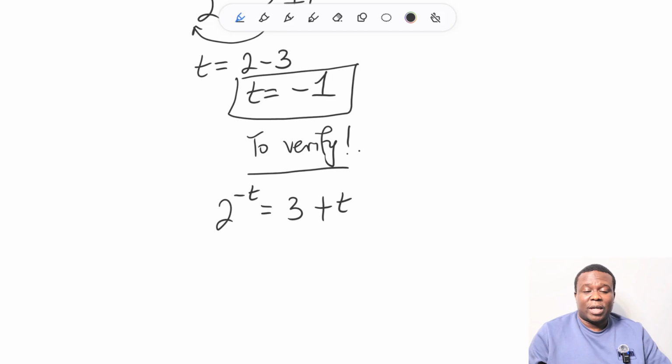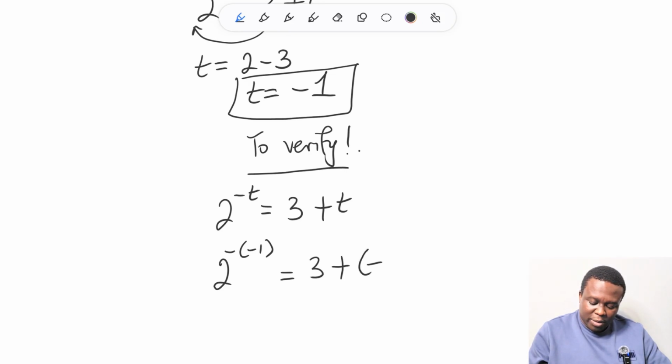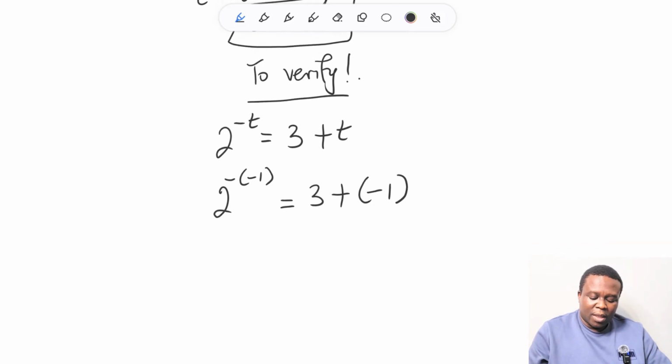And we found the value of our t to be minus 1. So everywhere we see t, we plug in minus 1. So this becomes 2 raised to the power minus minus 1, 3 plus minus 1. Minus times minus is equal to plus. So this is plus 1.